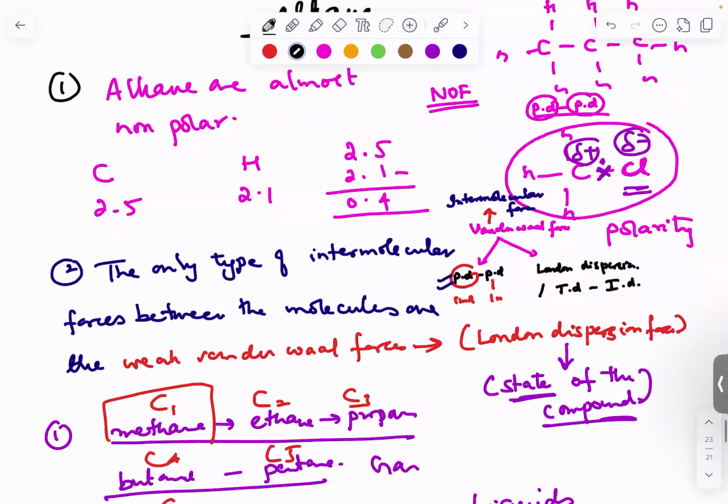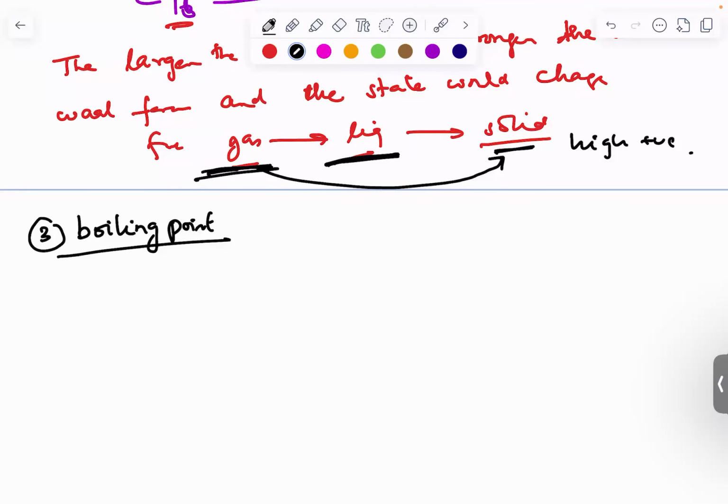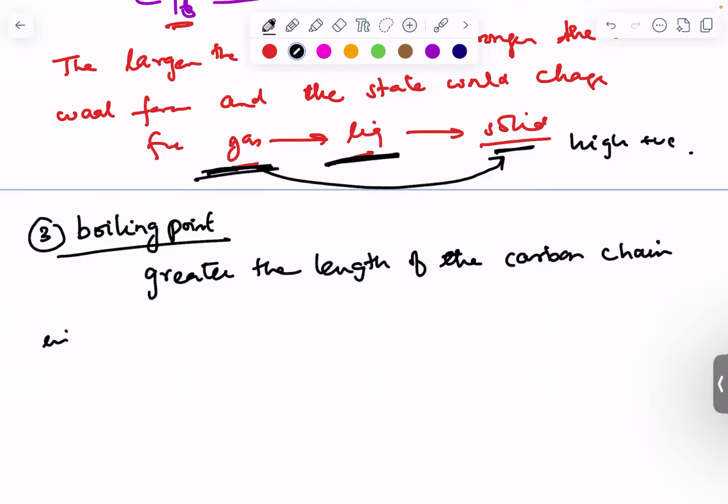The third property: increasing intermolecular forces would result in a higher boiling point. So greater the length of the carbon chain in alkane, greater would be the boiling point. I hope it's clear, right?